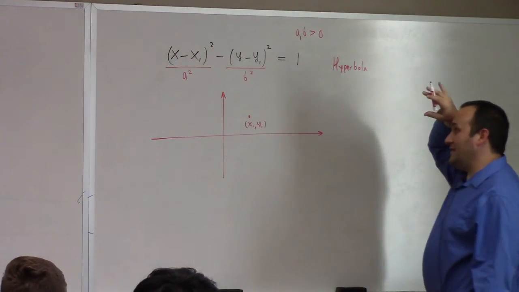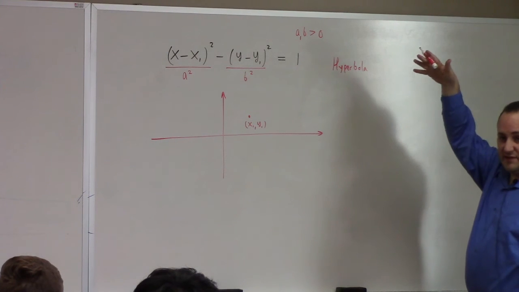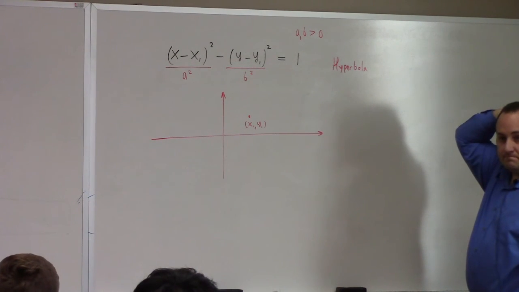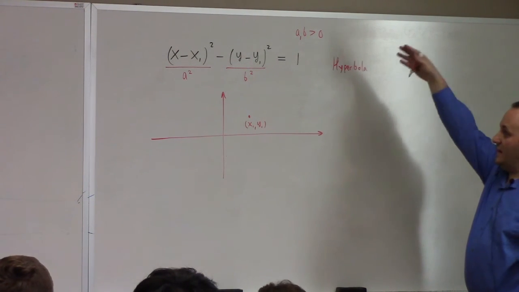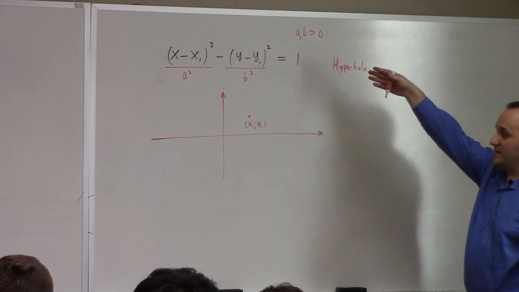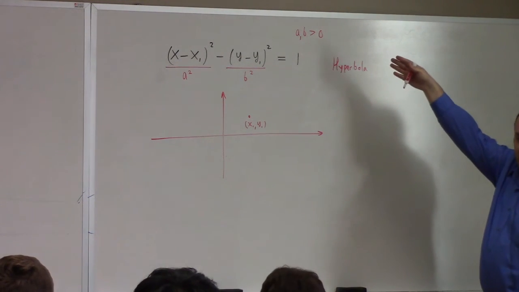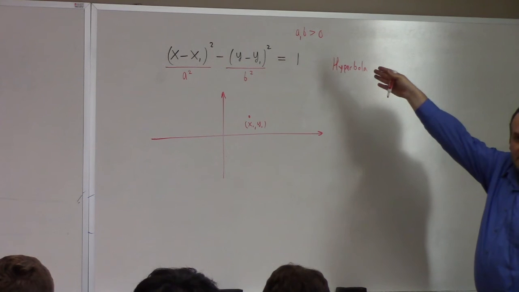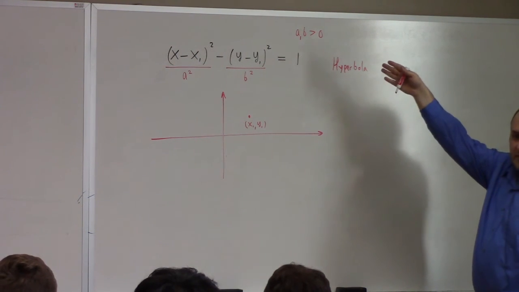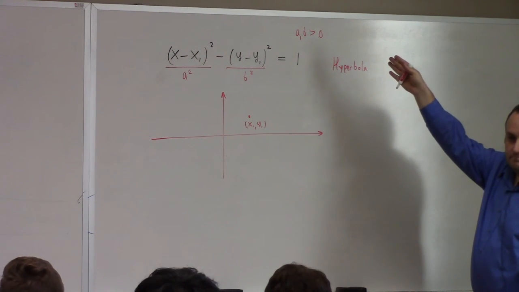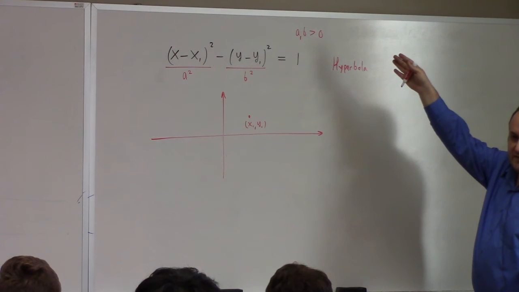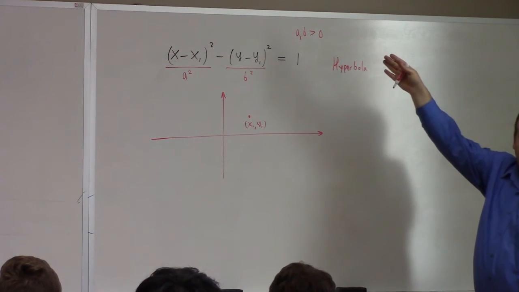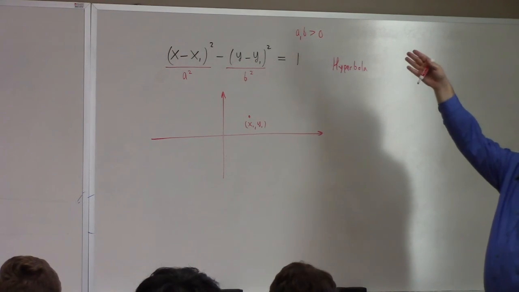If you put x equal to x1, what happens? We've got minus (y minus y1) squared equal to 1. Is it possible to have a negative number equal to 1? It is not, right? So the curve does not pass the line x equals x1.